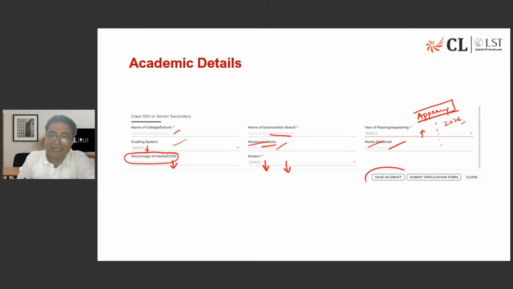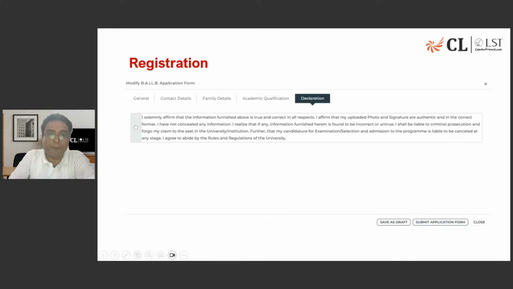We'll go for the next step, which is save as draft, and we come to the final part of the application, which is declaration. Declaration means you are saying to National Law University Delhi that whatever information I have provided in the application form is true and correct in all aspects. My photo is correct, my signature is authentic.